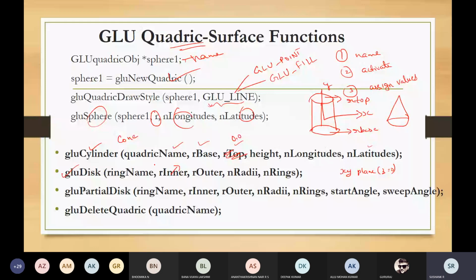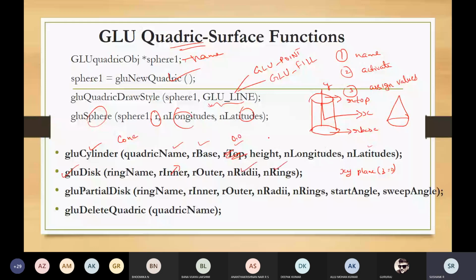If not, it will be a hollow disk, displayed with a concentric hole in the center. Also, the disk is divided into a number of faces specified by the n radii and n rings parameters.